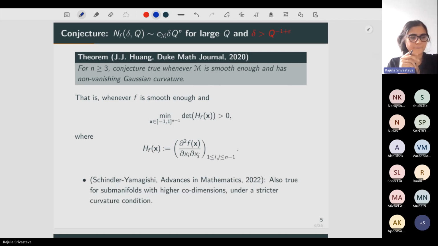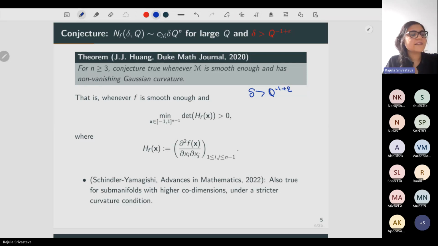Yes, this was a recent breakthrough of Jingjing Huang in 2020, where he was able to show in dimensions n bigger than or equal to 3 that whenever your hypersurface has non-vanishing Gaussian curvature, so the first example you would think of is a sphere, but it could also be a paraboloid or anything else, then this heuristic guess that we saw is indeed correct for delta in the range delta bigger than q inverse, the range you wanted to prove. I think it's not as visible as I wanted. So he was able to show this.